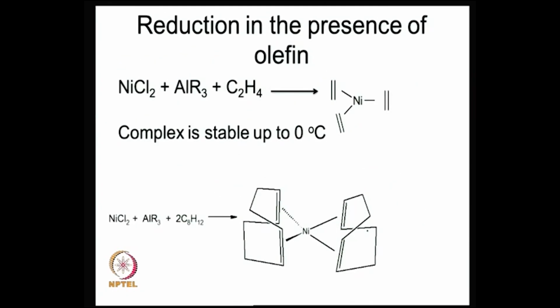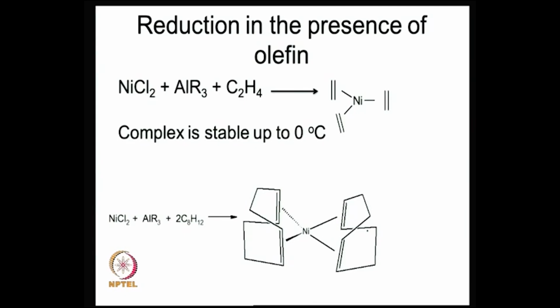Now, I have mentioned that ethylene is a good ligand for metal in 0 oxidation state, but very often it is not possible to prepare homoleptic complexes. By homoleptic complexes, I mean only those complexes where the ligands present around the metal are all of the same type. They are in this case an olefin.